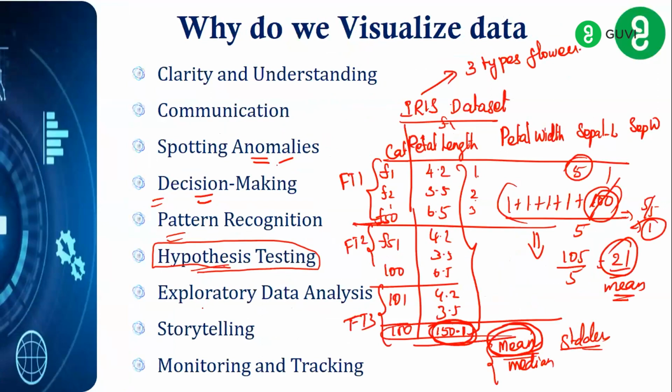Okay, and then you can perform the exploratory data analysis. And after doing some exploratory data analysis, you are able to tell a story. That is a very important part. Storytelling. By creating charts, by performing the exploratory data analysis, you will get a lot of graphs.